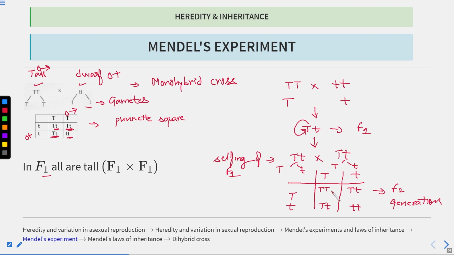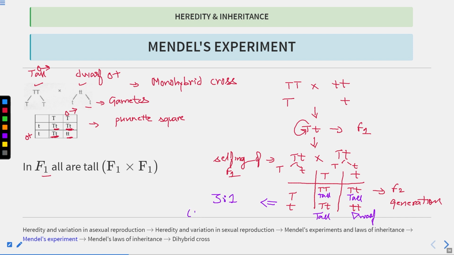Clear? Now you can see this one will be dominant, this one will be tall. This will be tall as well. This will also be tall. And this one will be dwarf. Clear? So what is the ratio obtained here? The ratio obtained here is 3:1.